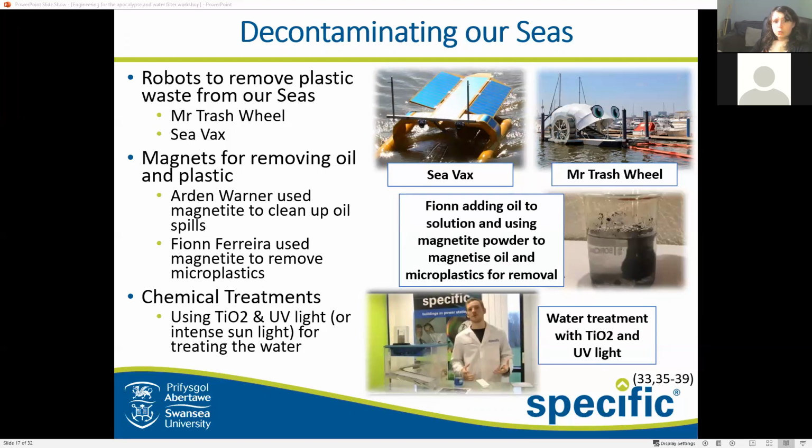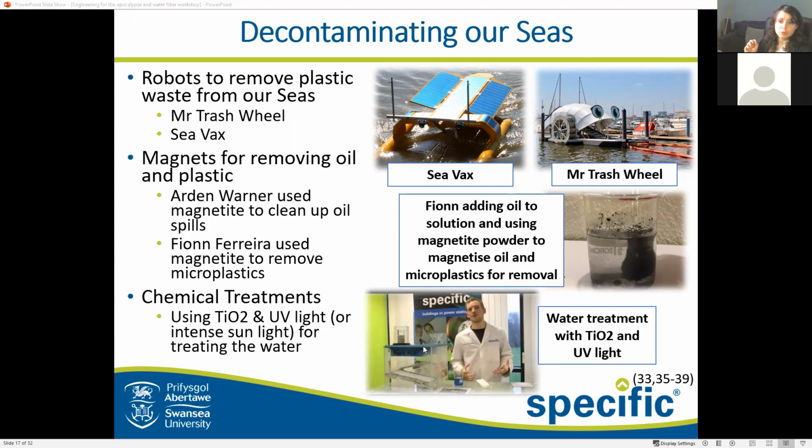Another method for water purification is using chemicals and UV light. A solution which was created in my group specifically at Swansea University, which can be read more about on the Sunrise website, so there is a reference to this at the end, used a combination of titanium dioxide, which is a little white pigment that you actually have used in a lot of things.